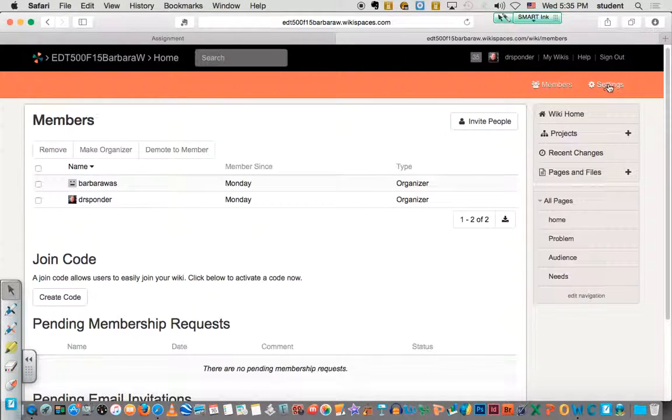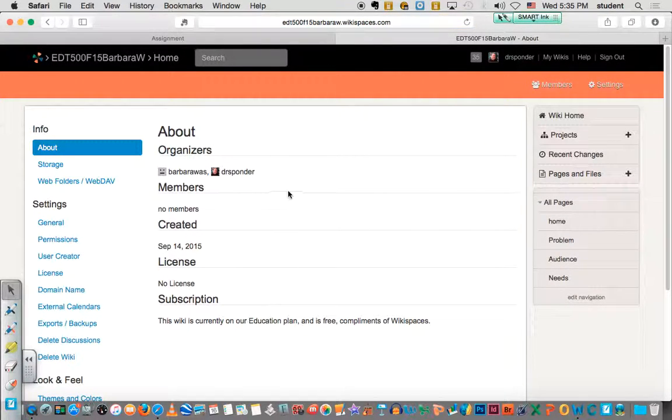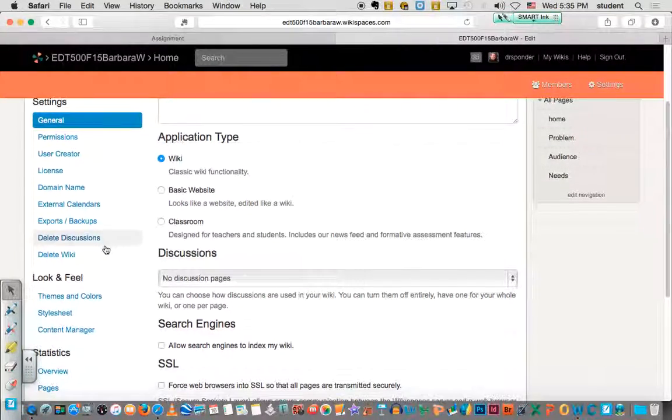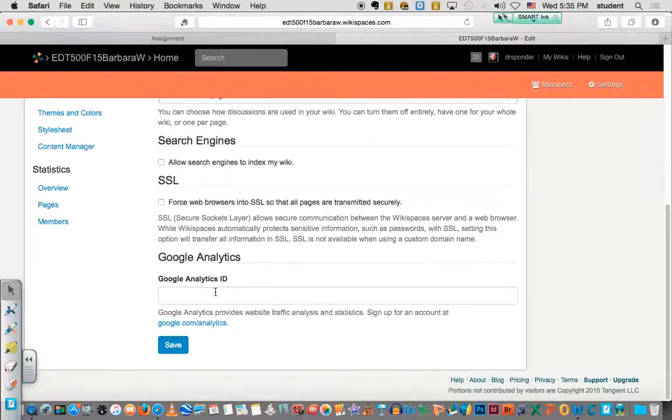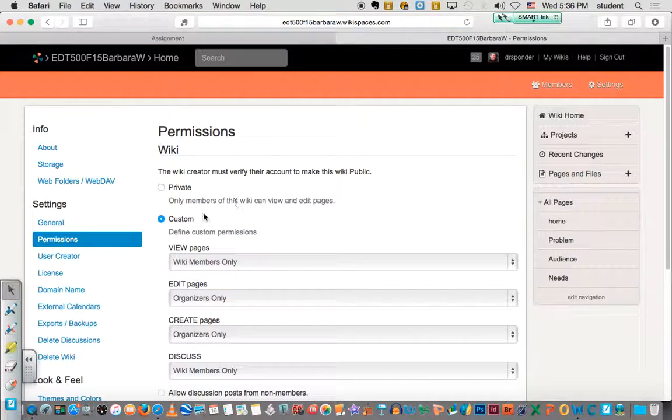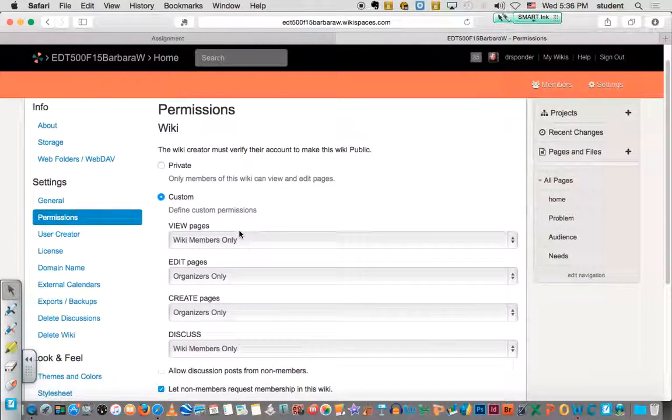And I can change the settings if I want to. So if I go to her general settings, classic Wiki, good. So I didn't change anything there. Permissions, custom. You really want to get this public, where is it we make it public?